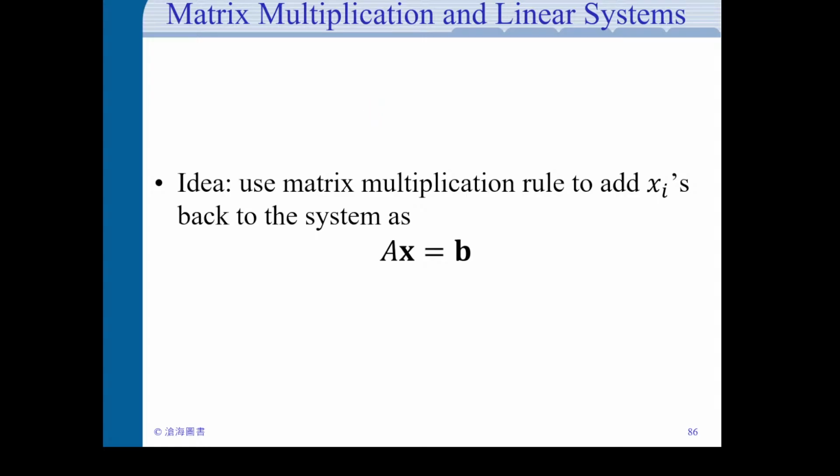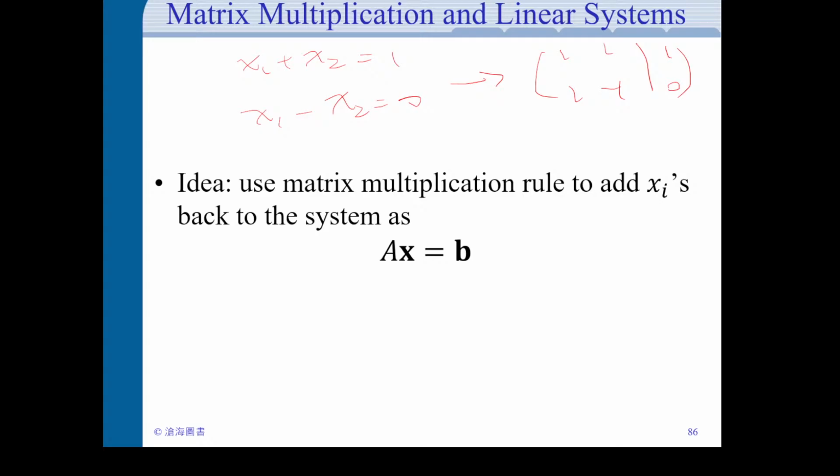Linear systems are like x1 plus x2 equals 1, and maybe x1 minus x2 equals 0. To abstract to an augmented matrix, we don't want to write those x's, and we just write this augmented matrix like 1, 1, 1, and 1, minus 1, 0.